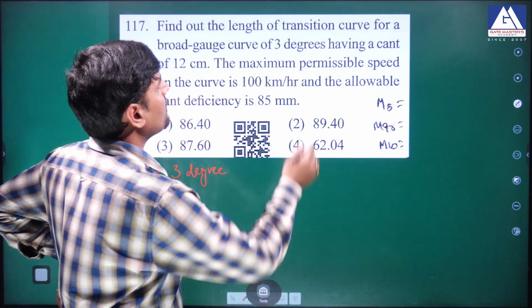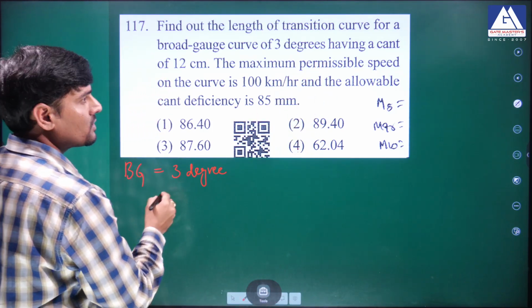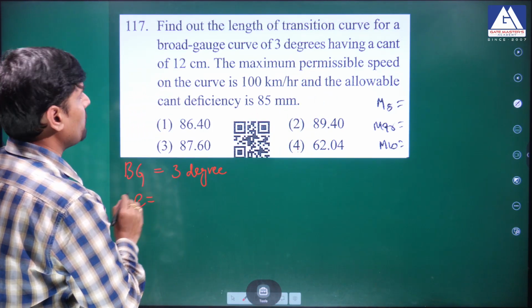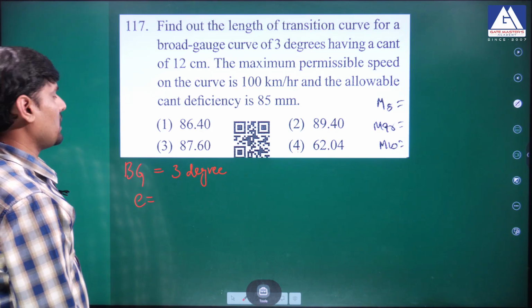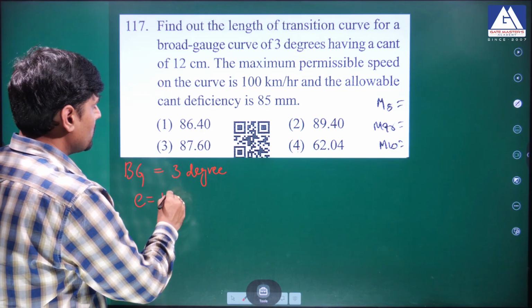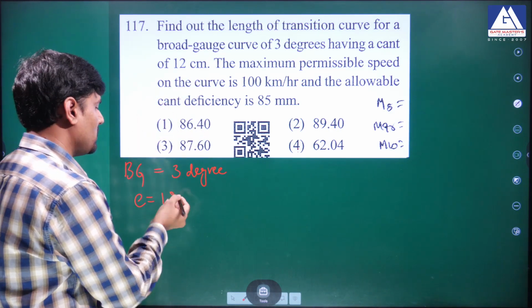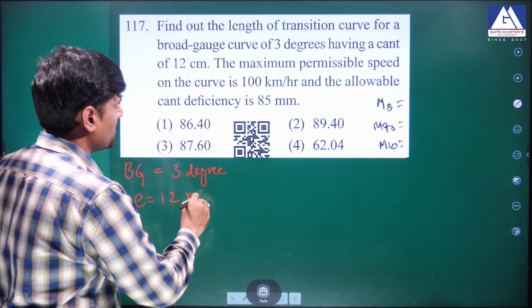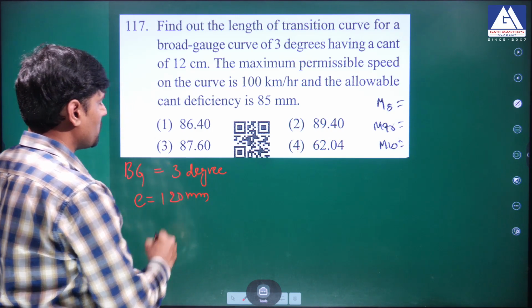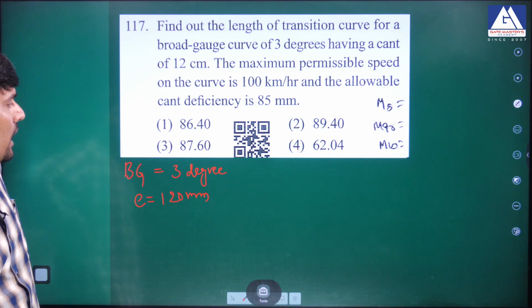And then the cant is nothing but super elevation, which can be denoted by E. Here the cant is given in centimeters. If somebody wishes to write it in mm, it will become 120 mm.